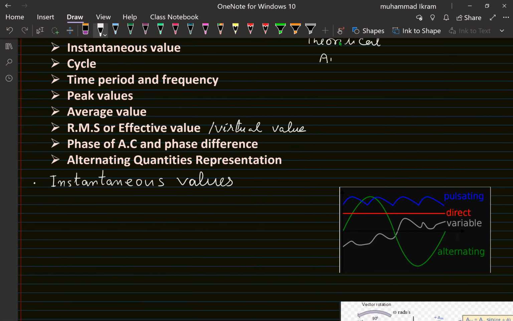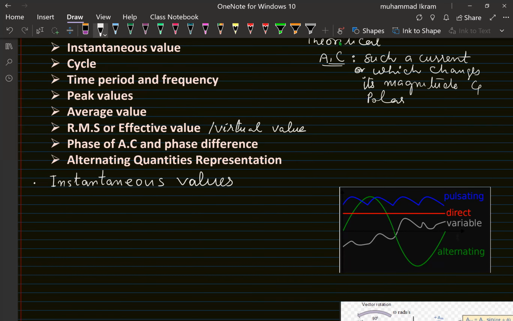To give you a review, I told you that such a current or voltage which continuously changes its magnitude and polarity many times in a second is called the alternating current.